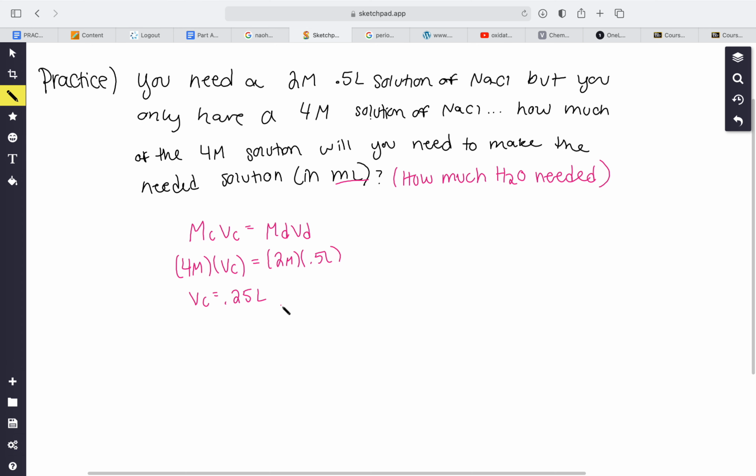So what we're going to do is 0.25 liters divided by 1 times what you have to do in order to get it in milliliters. So milliliters, I know there's 1,000 milliliters in a liter, so I'm going to do this.